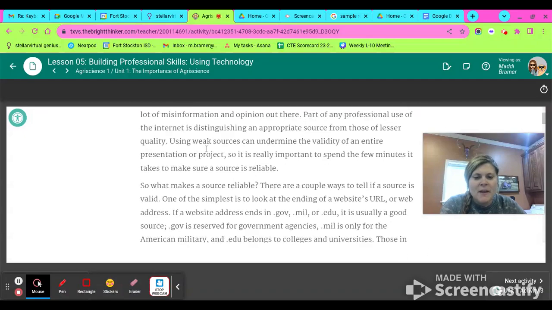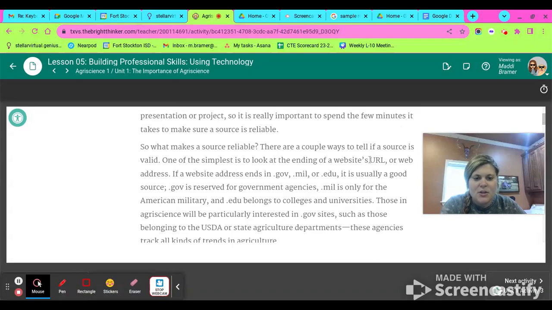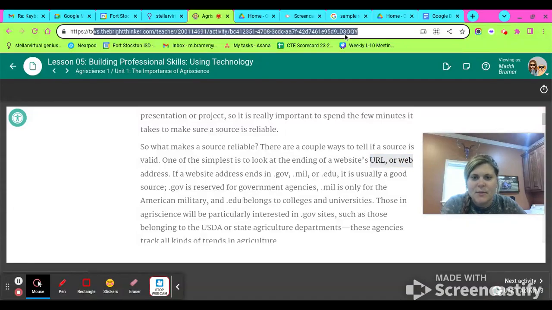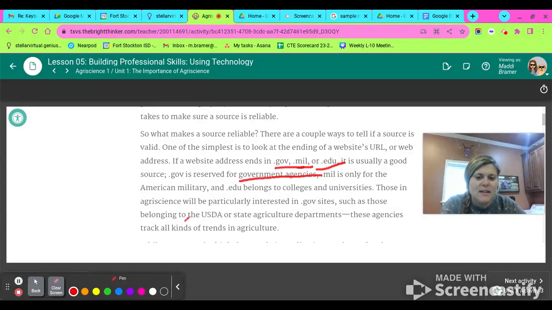So one thing that you need to be sure of whenever you're using the internet is the URL. That's going to be the address, like you see at the top of your screen, like this one up here. Okay, so if an address ends in .gov, .mil, which is for military, or .edu, it's a good source. It says .gov is for government agencies, .mil is for the military, and .edu is colleges and universities.